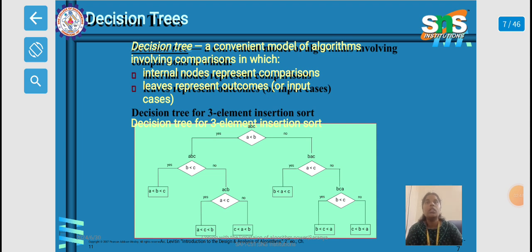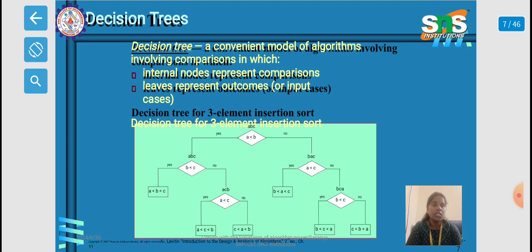We know that the number of leaves can be greater than the number of outcomes, because for some algorithms the same outcome can be arrived at through a different chain of comparisons. An important point is that the number of leaves must be at least as large as the number of possible outcomes.